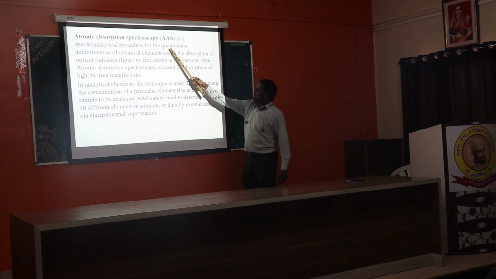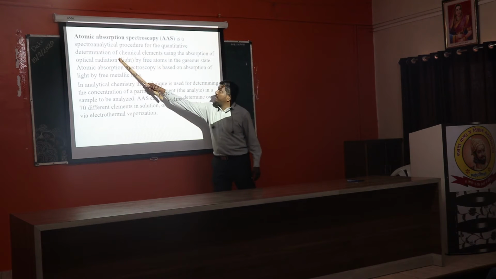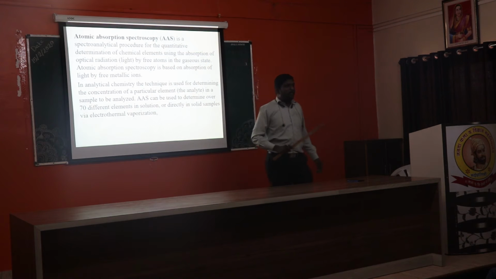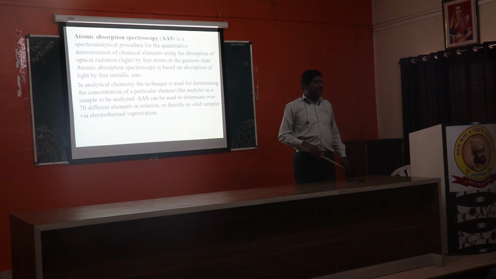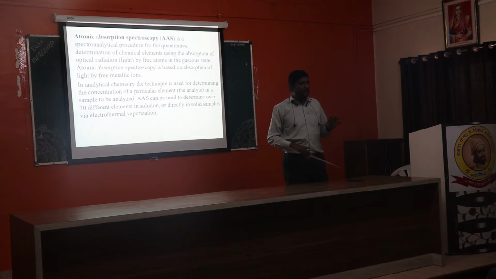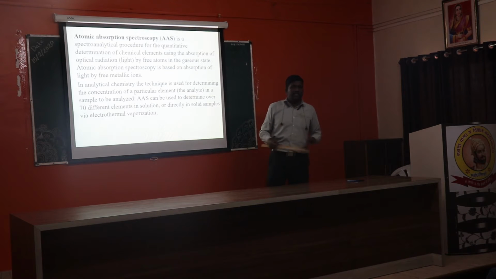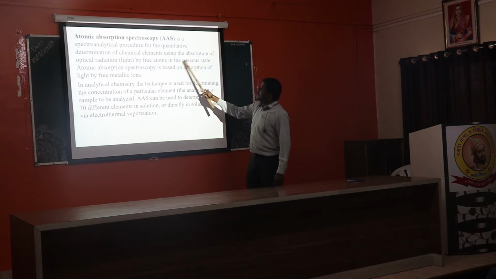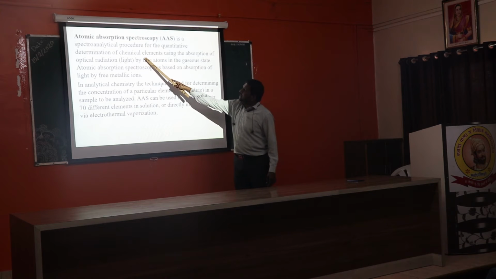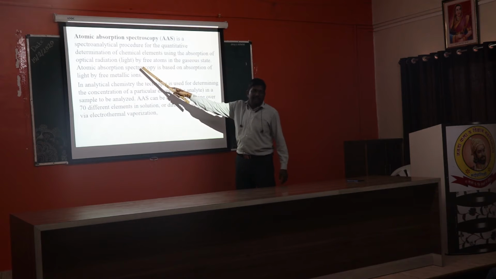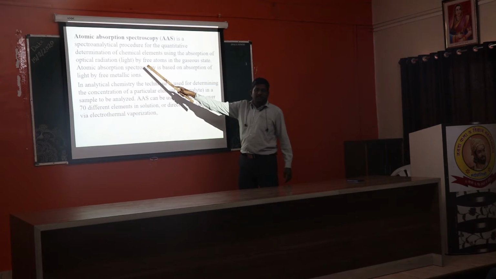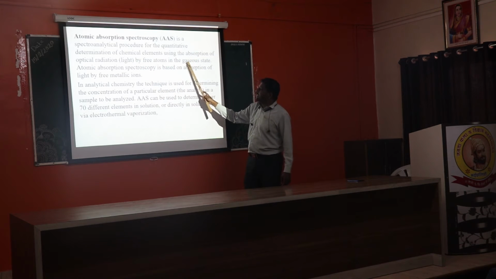Here we come to know that the important thing is quantitative determination of chemical elements. This AAS technique is used for more than 70 elements, up to 70 elements, this technique is very useful. Again, see the determination of chemical elements using the absorption of optical radiation, that is the light. So there must be a source, and absorption by the free atoms in the gaseous state.